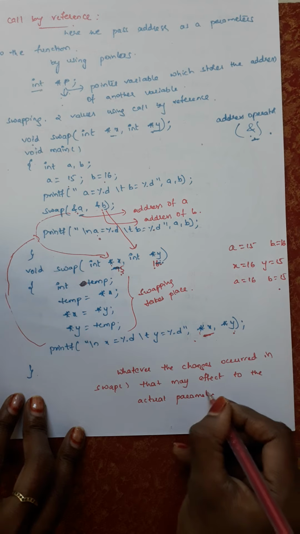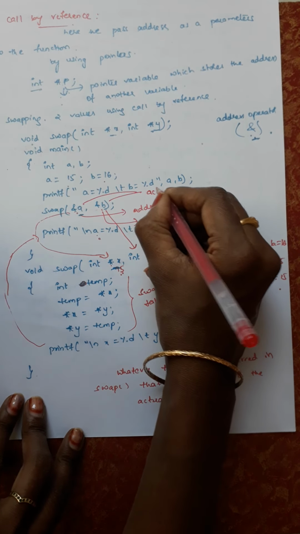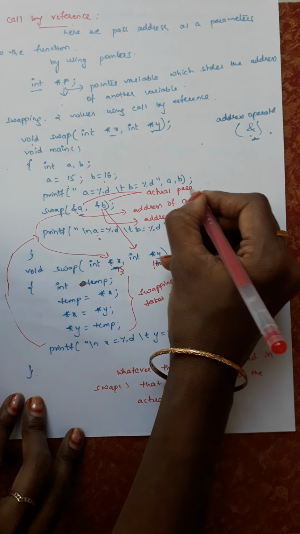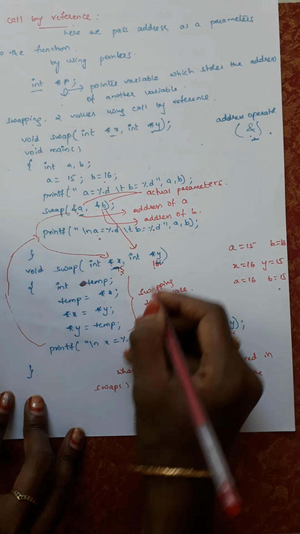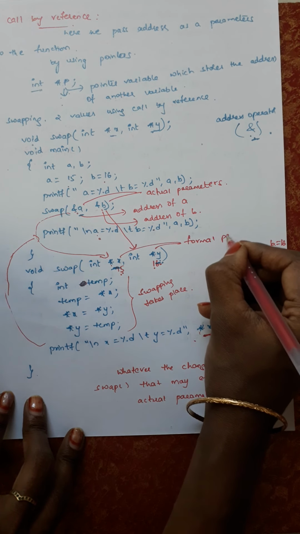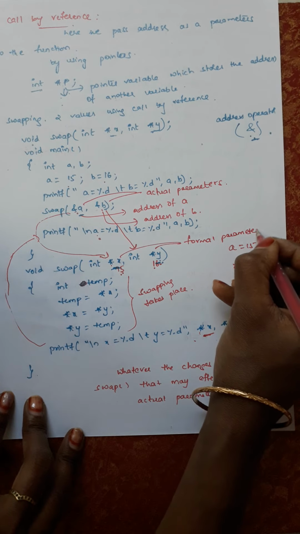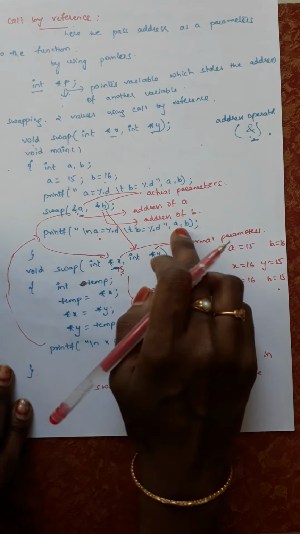The actual parameters. That is call by reference. Here a and b are the actual parameters. In call by value there is no effect. x and y are the formal parameters.